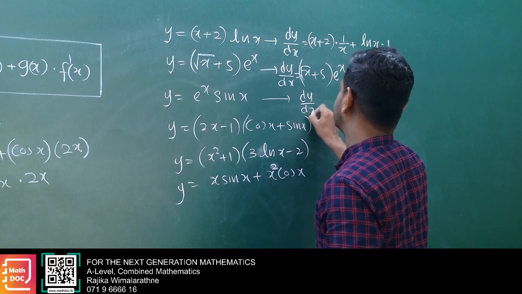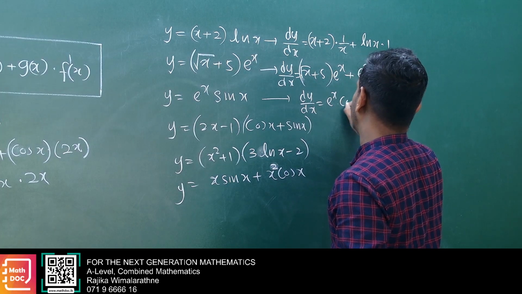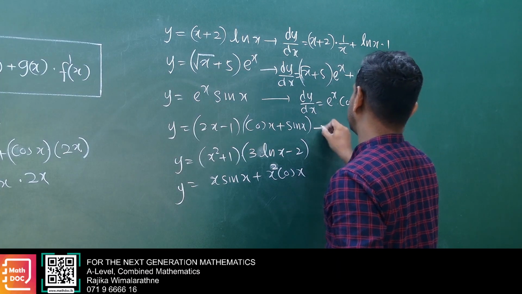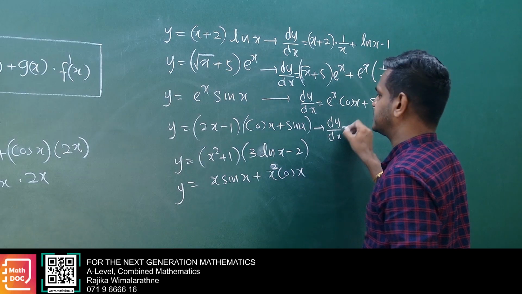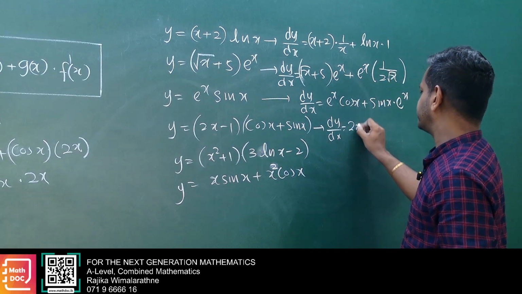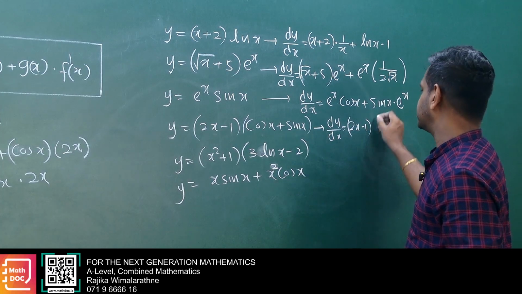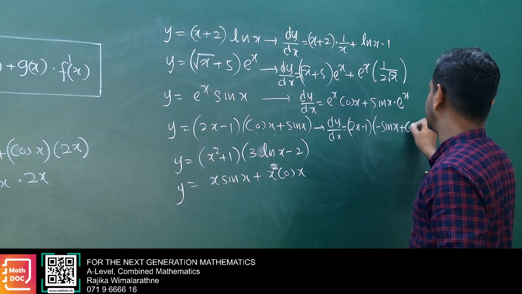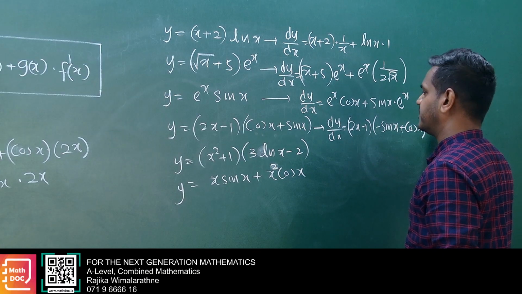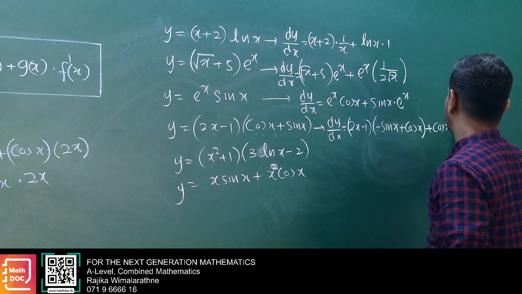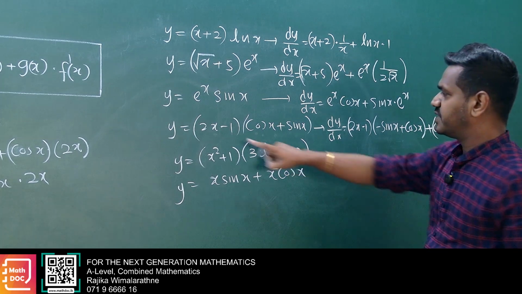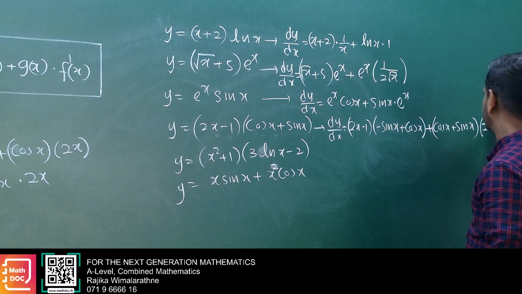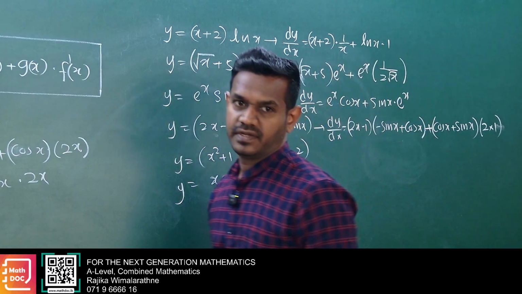Here dy by dx: e to the x times the derivative of sin, cos, plus sin x times the derivative of e to the x, e to the x. Then dy by dx: (2x minus 1) times the derivative of cos x plus sin x, minus sin x plus cos x, plus (cos x plus sin x) times the derivative of 2x minus 1, 2 into 1. Okay.